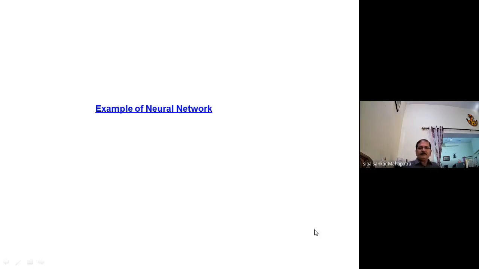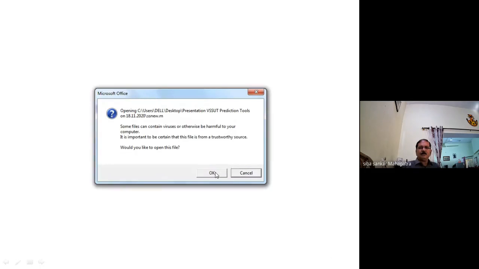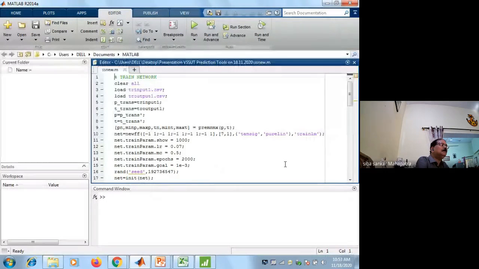Now, I can show you how you can solve the neural network problem using MATLAB. In MATLAB, you have a toolbox, but I feel comfortable writing a program for that, so that you can easily modify and change it and see what you want to do.